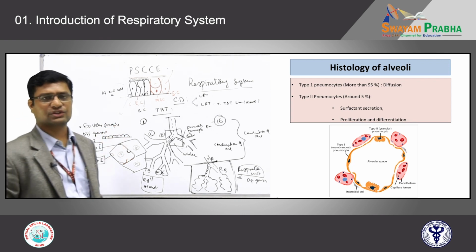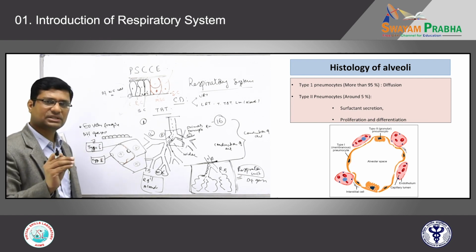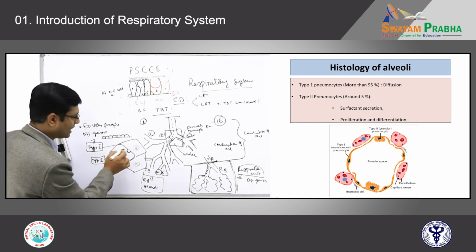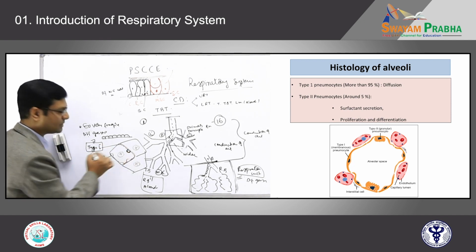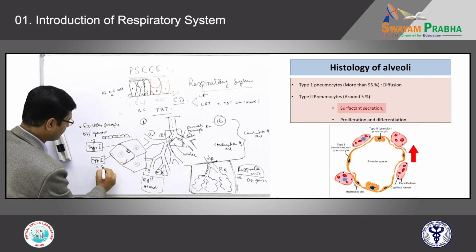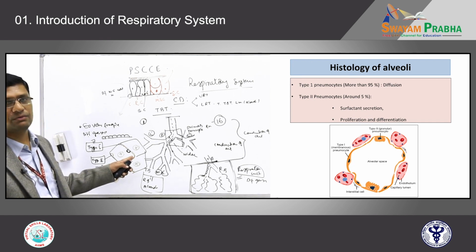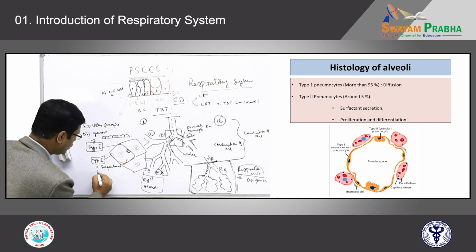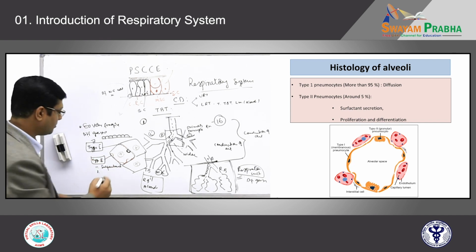Any kind of infection, irritation, or injury, the first cell to be damaged in the respiratory tract at the level of alveoli is the type 1 epithelial cell. Then what is the function of type 2 cells? The main function is to secrete surfactant. Number two, what you should remember, these cells are pretty resistant when compared to type 1 cells.